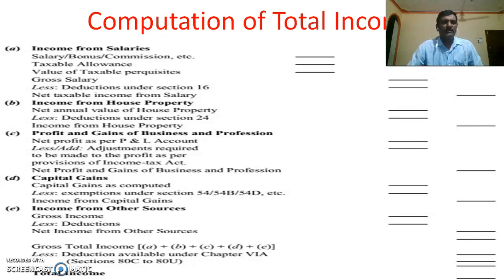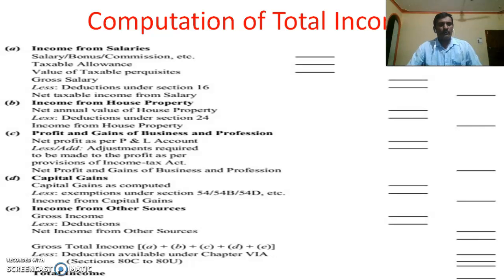Here, three important deductions are allowable. One is the standard deduction under section 16 subsection 1. The second is entertainment allowance, if any, under section 16 subsection 2. And under section 16 subsection 3, we have to subtract the tax on employment. Then the balance is called net taxable income from salary.